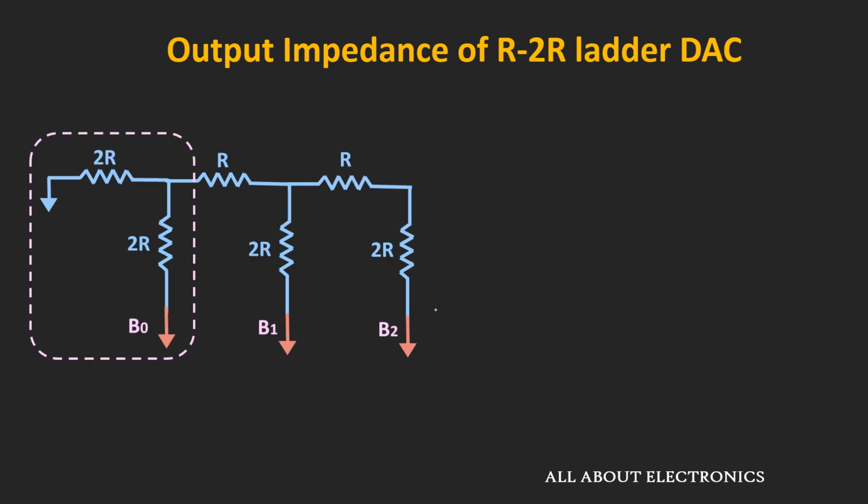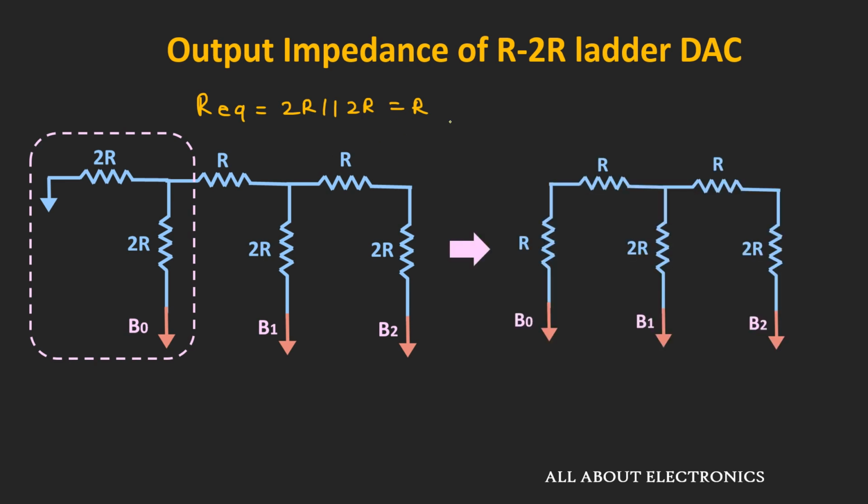After connecting all the resistors to the ground, if you see this portion, then these two resistors are connected in parallel combination. So their equivalent resistance, R equivalent, will be equal to 2R in parallel with this 2R, that is equal to R. So we can replace these two resistors by the equivalent resistance of R. And the equivalent circuit will look like this.